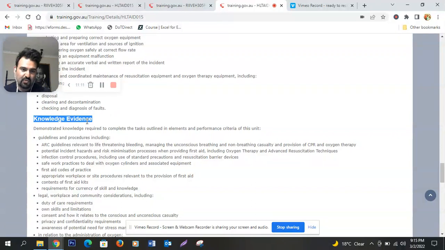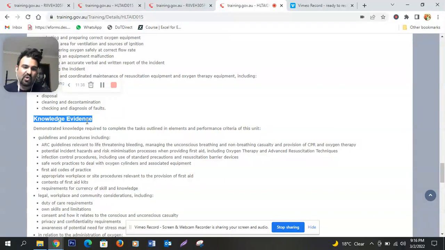How many theory questions do you want to write? I would say there is no set figure, but count your knowledge evidence dot points. Say, for example, there are 25. Obviously you can cluster some of them, but if it's 25, then plus or minus 5 should be okay. And it honestly depends.